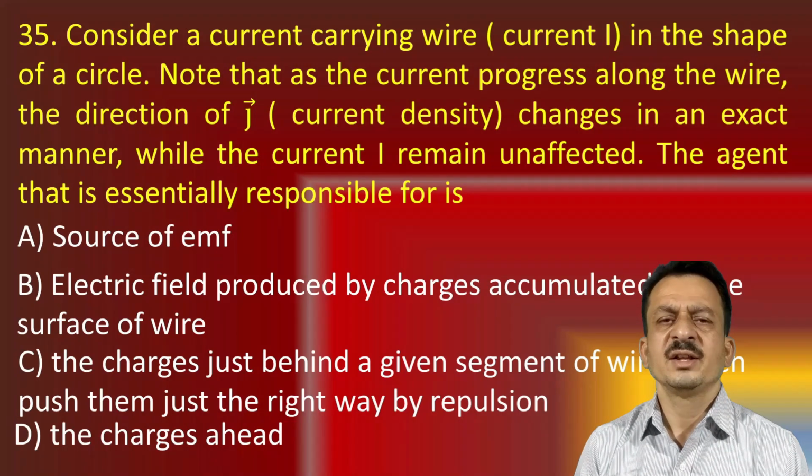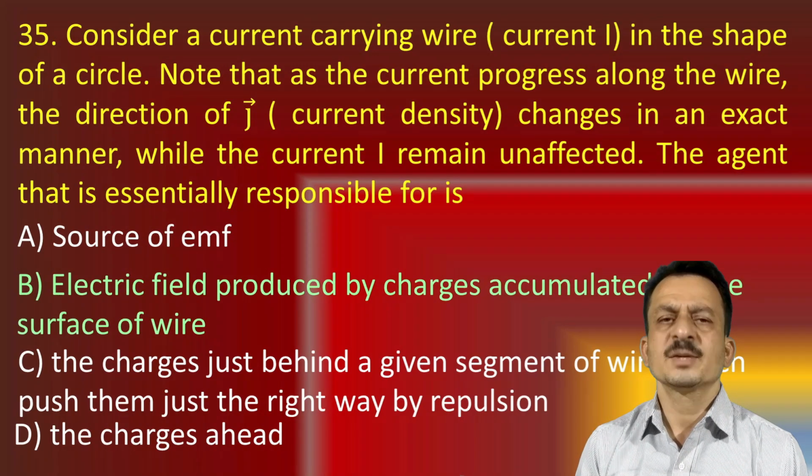Obviously, we observe the electrons are drifting in the presence of an external electric field. So therefore, obviously B is the right answer. Electric field produced by the charges accumulated on the surface of the wire. Electric field is the cause for that one.